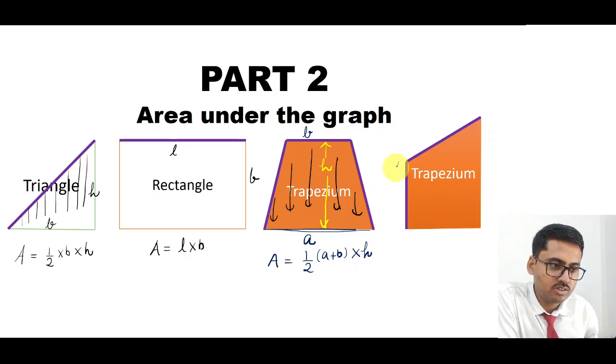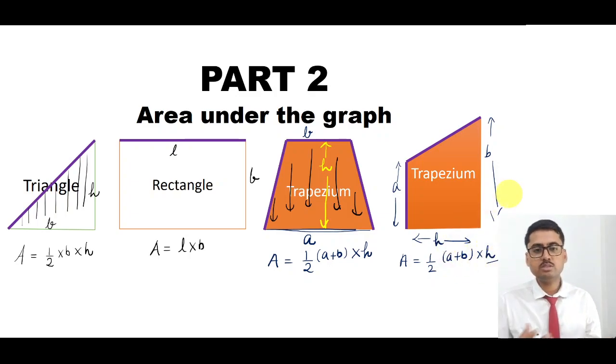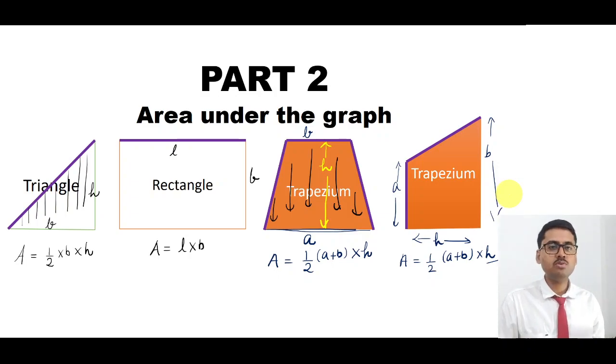If I call this parallel side A and this one B, and we take this as the height or the distance between the two parallel sides, again the formula remains the same. A is equal to half (A plus B) into H. So I hope you all know these basic formulas. If you know, let's get into the graphs.